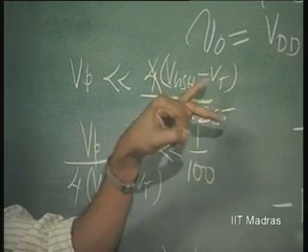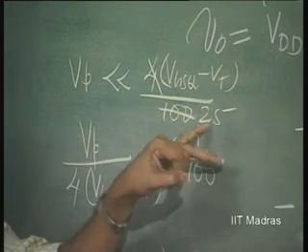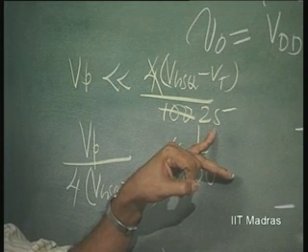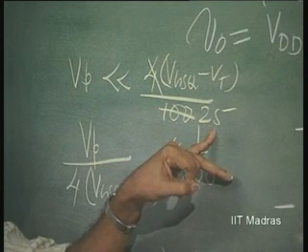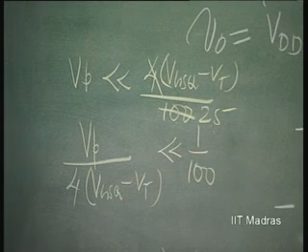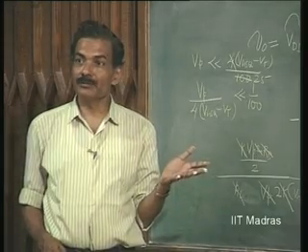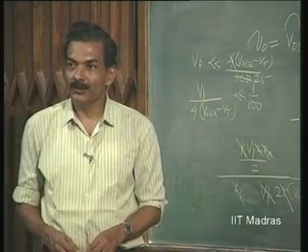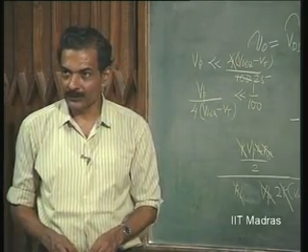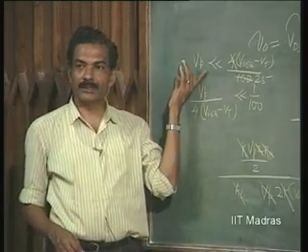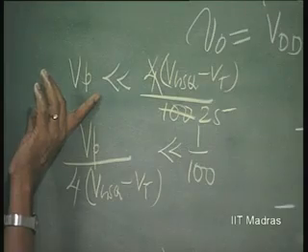So, 2 minus 1 is 1 volt, 1 by 25 volts, which is 1000 by 25, or it should be kept at much less than 40 millivolts, or much less than 40 millivolts means typically of the order of 4 millivolts or so. So, this is a classic example as to how you should restrict the distortion.